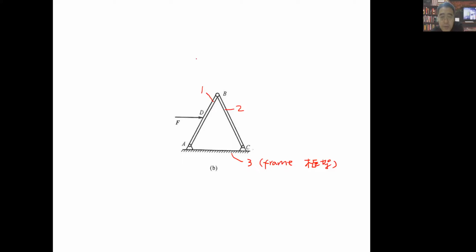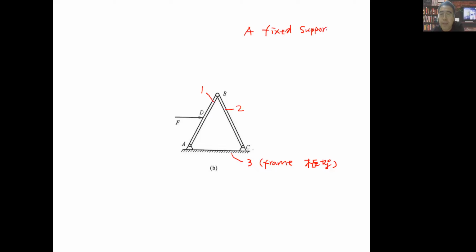So actually we see there are three parts. We always look at them as rigid bodies. And you can find that each part is connected with another part by some kind of constraint. So at point A, it is a fixed support, right? We call that a kind of constraint. We call that fixed support.